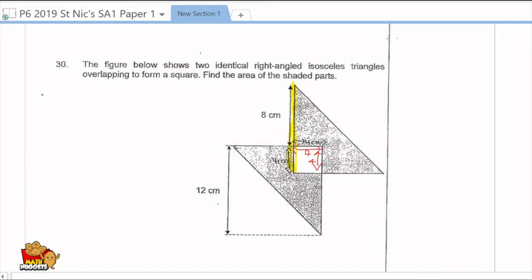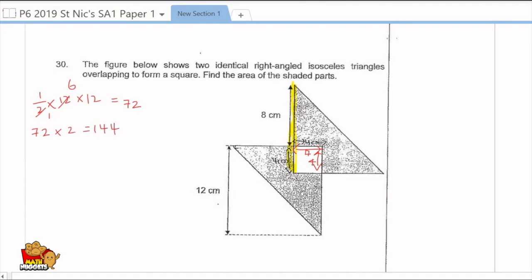Find the area of the shaded parts. Let's find the area of one of the triangles. Half times base times height, which is half times 12 times 12. Six times 12. One of the triangles will be 72. So 2 triangles will be 72 times 2, which is 144.